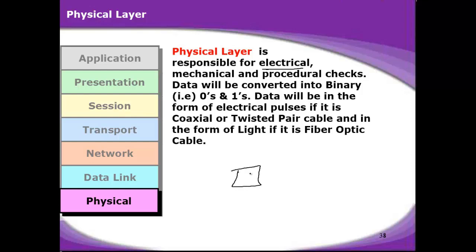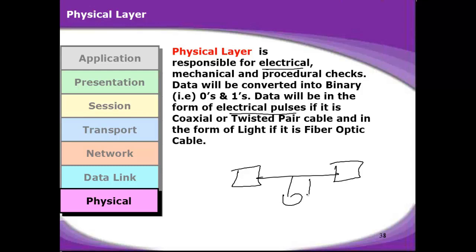So if the source and destination are using copper coaxial or twisted pair cable, then it is going to be converted into electrical pulses.